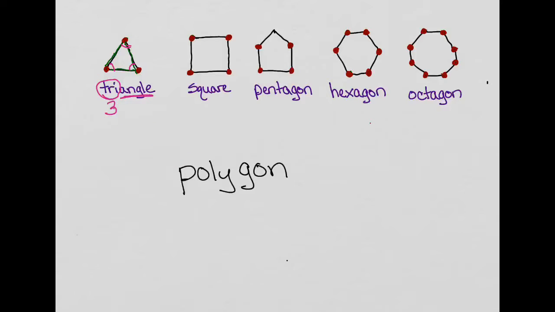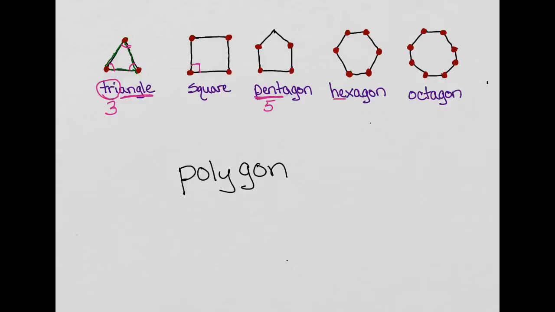Then we have the square, and the square has 4 right angles. The pentagon. Pent. What do you think that means? Well, pent means 5. 5 sides.